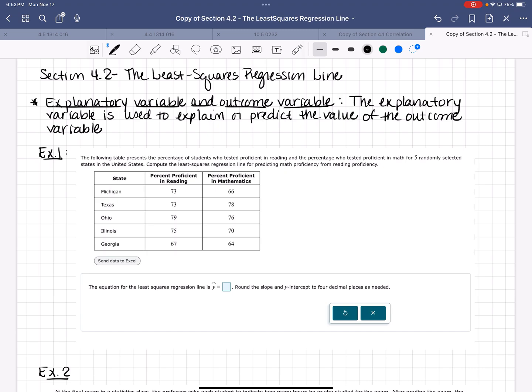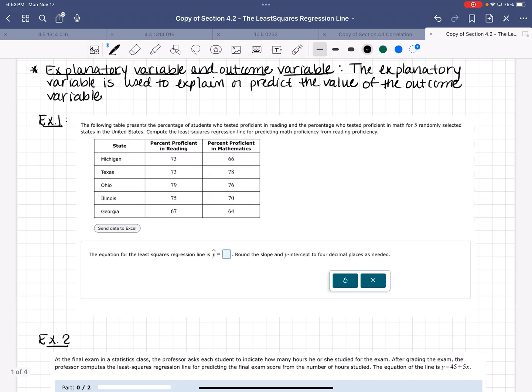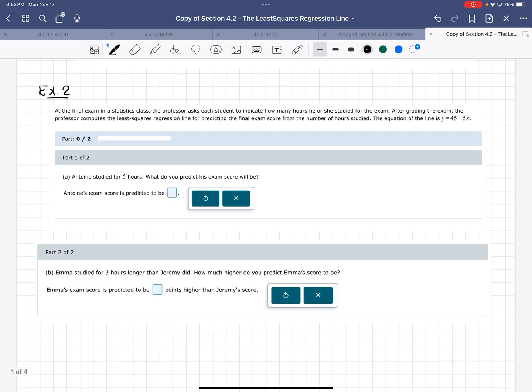You do need this little tidbit right here, explanatory variable and outcome variable. The explanatory variable is used to explain or predict the value of the outcome variable. I think I didn't even pick it up.